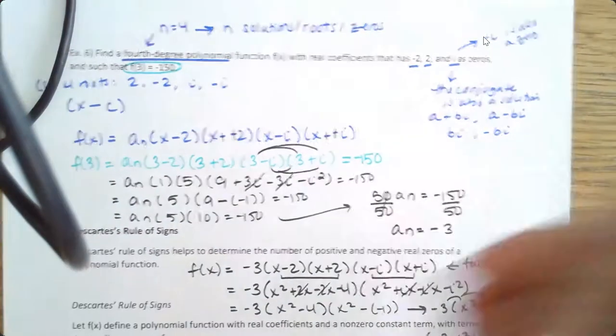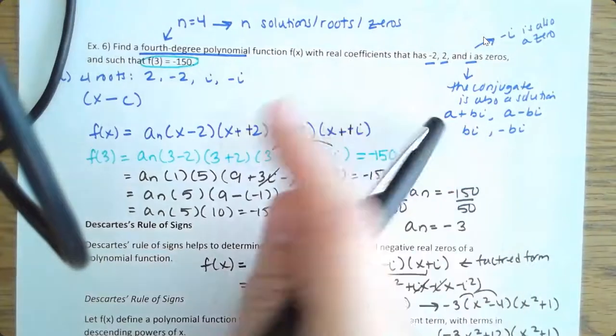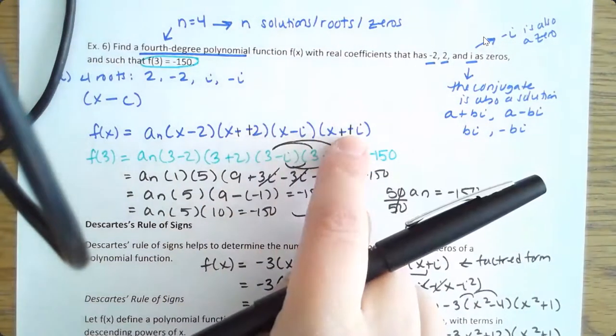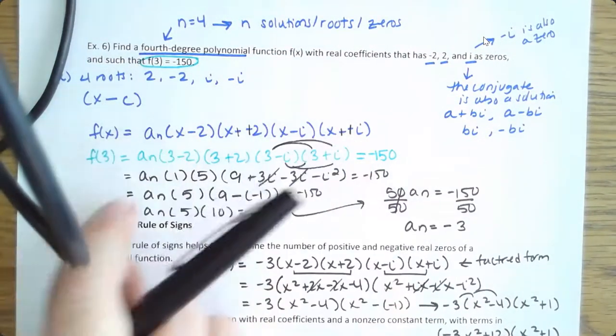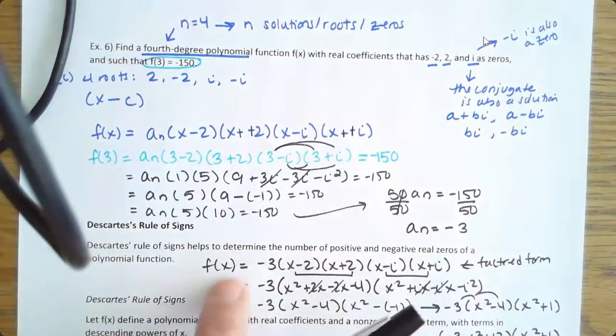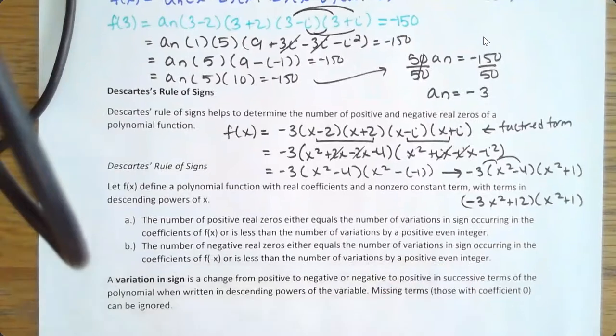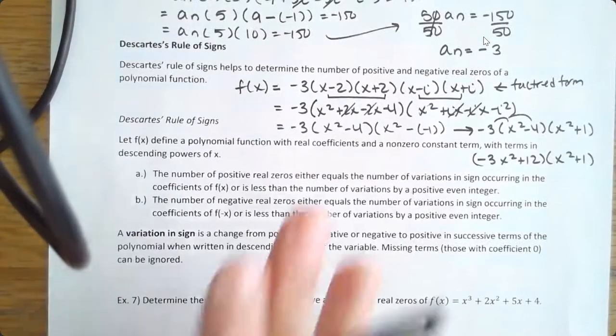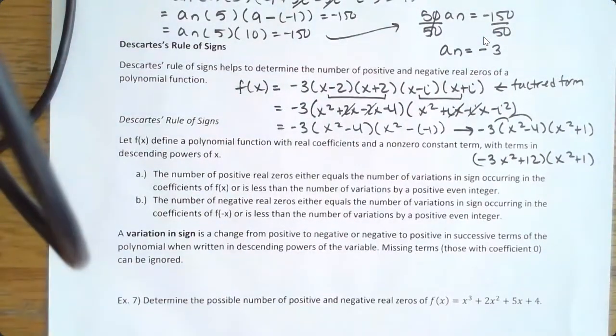So I was able to find my 4 solutions right away and write them as factors. Then I plugged in 3 in order and set it equal to negative 150 in order to find that leading coefficient. And then I had to multiply everything out. So a lot of basic algebra here at the end was just multiplying out and taking our time.